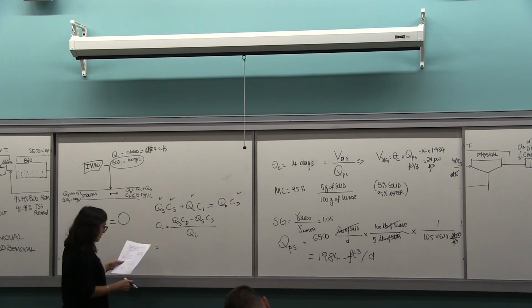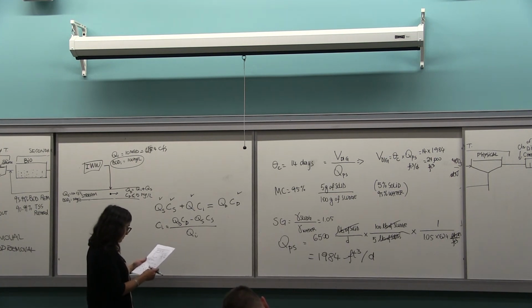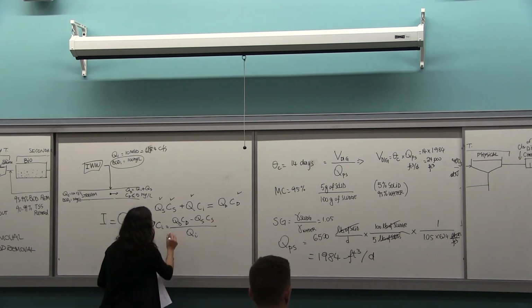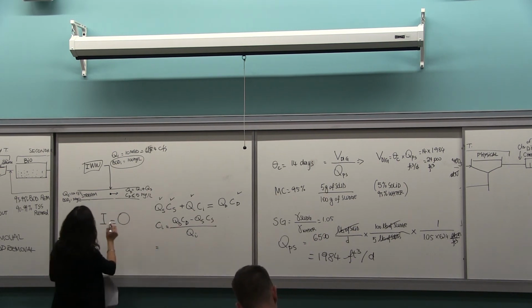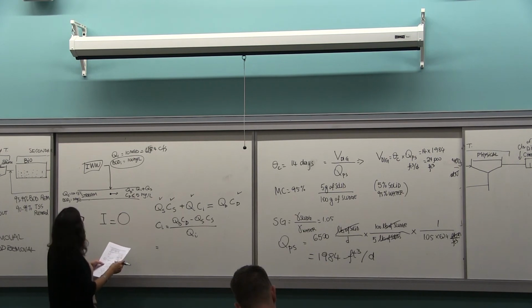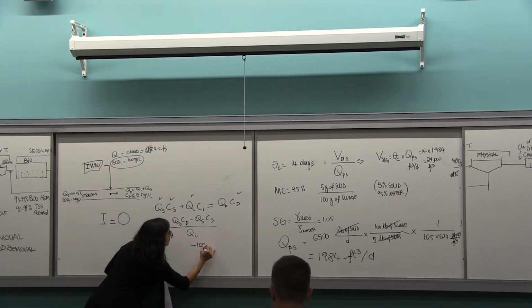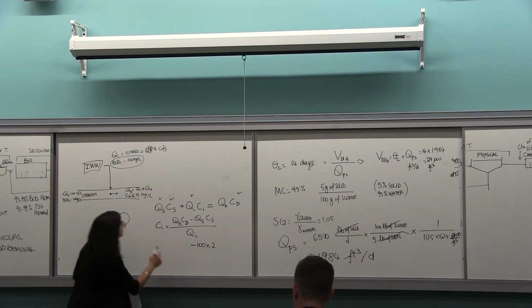So I'm going to have QD, which was 100 by 2, right?